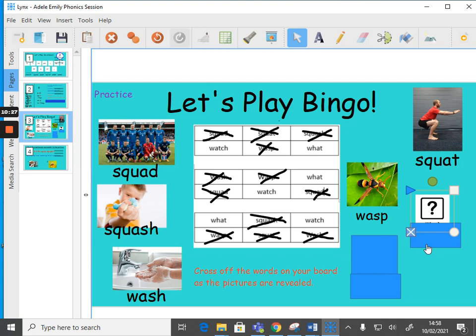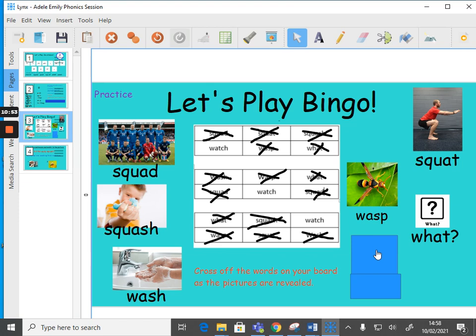Next we've got a question mark. What? W-O-T. What? It's that short O sound after the W, spelt with an A. Well done if you're managing to cross all the words off of your bingo board. And here is the spelling for the word what.